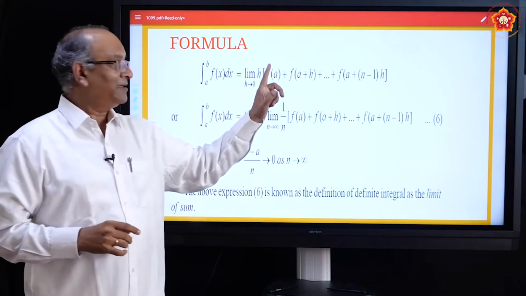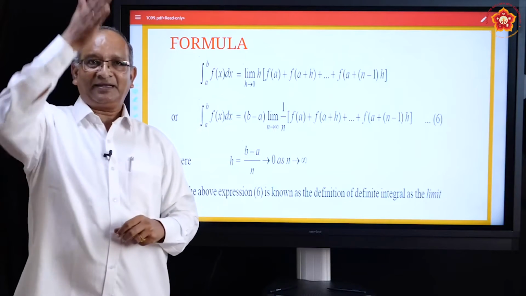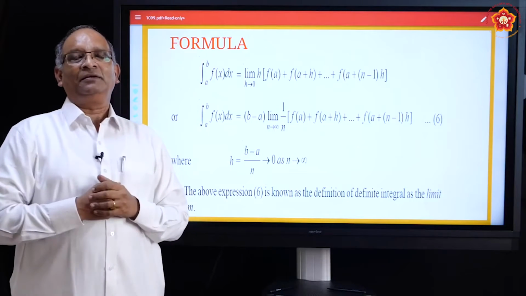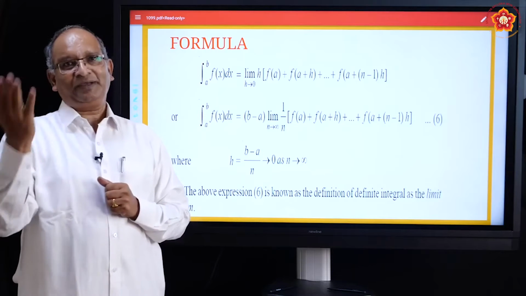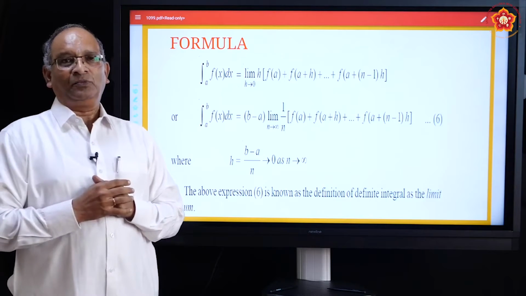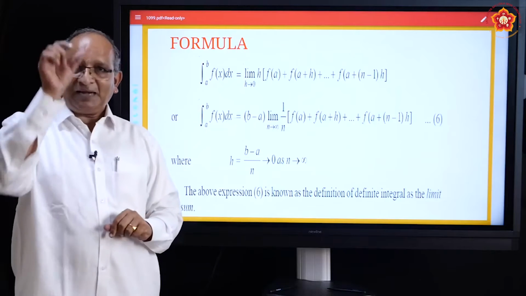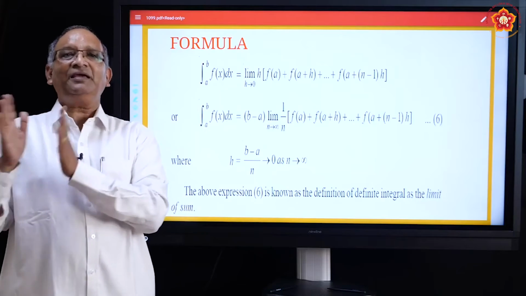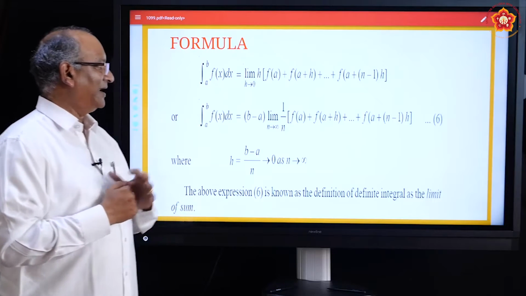What are these f(a), f(a plus h), f(a plus (n minus 1)h), etc.? They are the vertical lengths. You can call it length. So f(a) into h, f(a plus h) into h, similarly f(a plus 2h). In that particular way, they will be available to us, and we substitute their values.